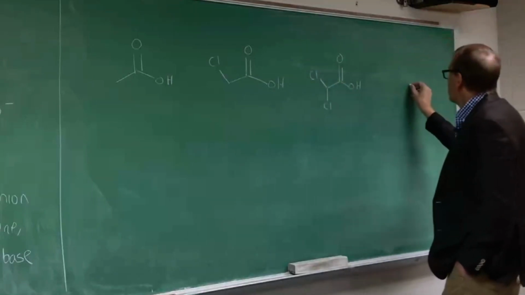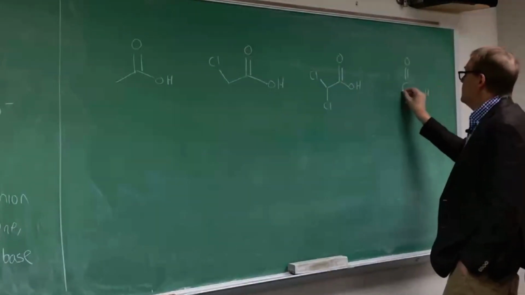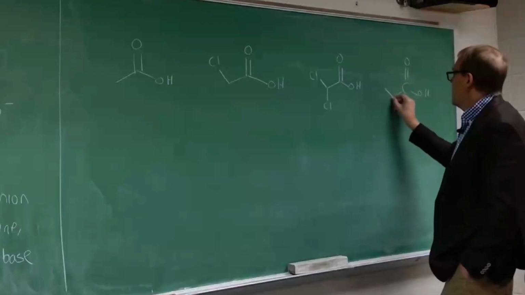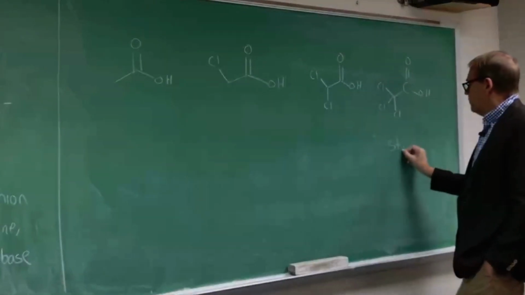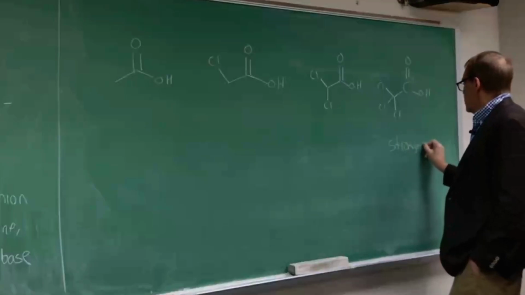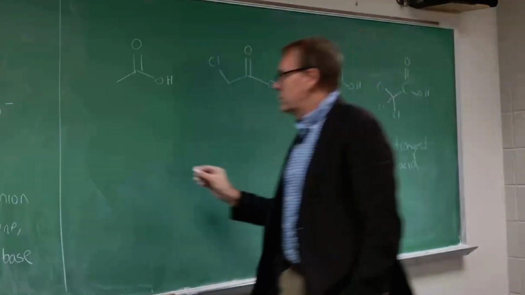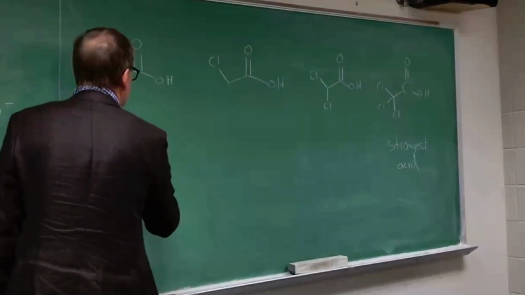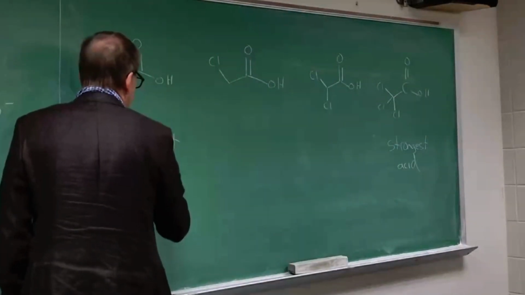And if you put 3 chlorines on the carboxylic acid, it's an even stronger acid. So I think you can kind of see the pattern, hopefully, that this one is the strongest acid, and this one is the weakest acid in this list that I'm providing for you.